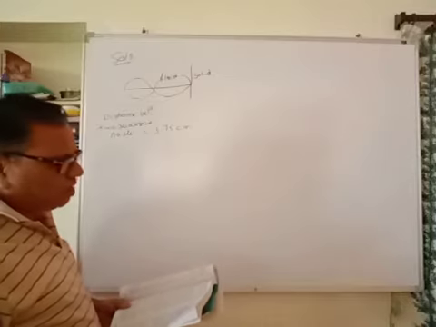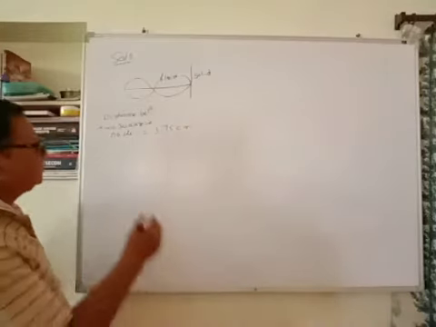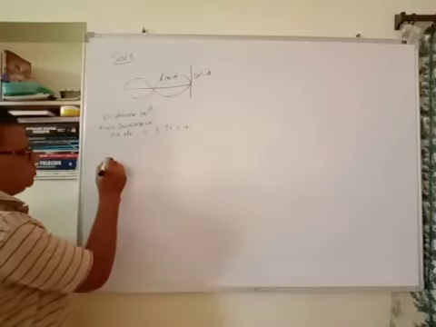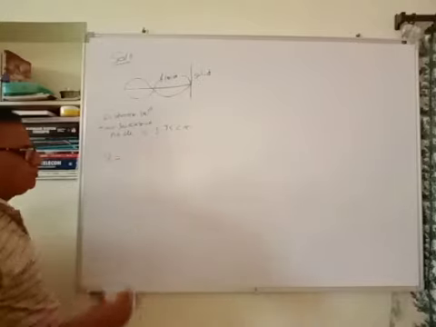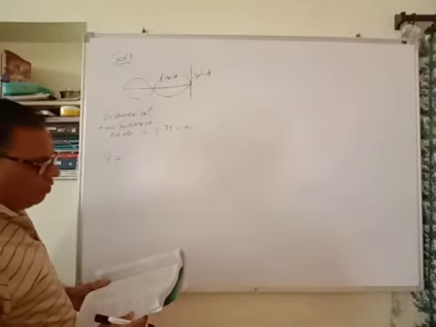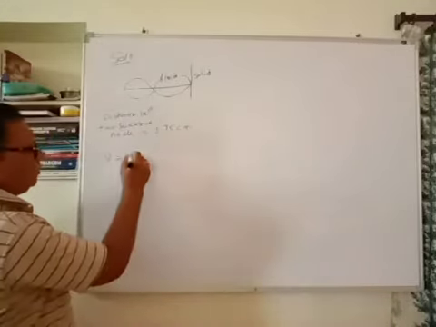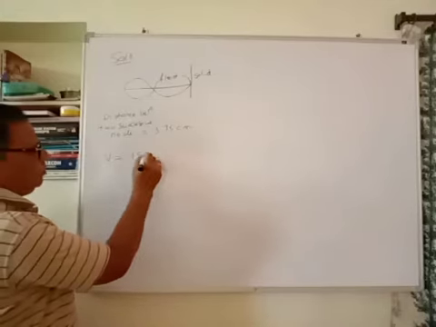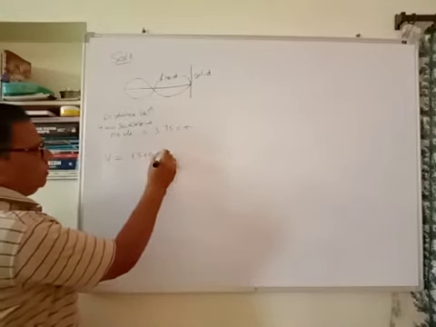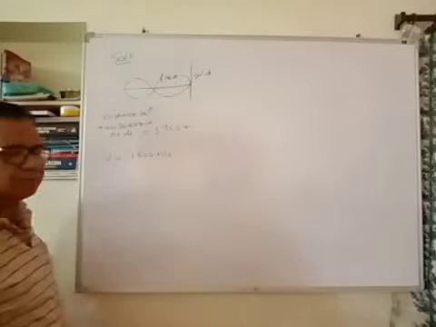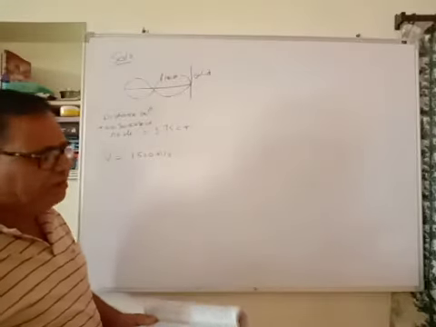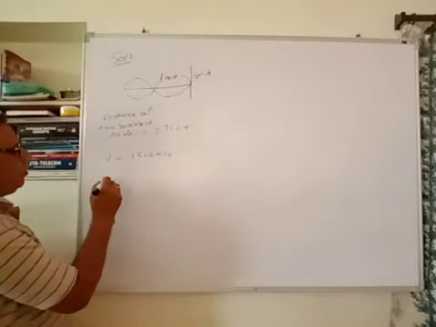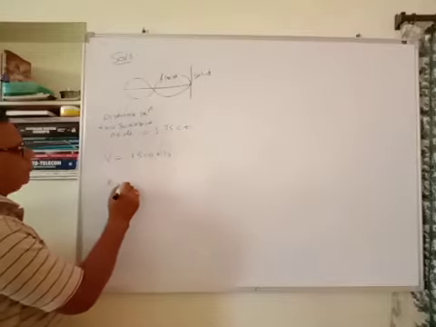If the velocity of sound, V, in that fluid is 1500 meter per second, find the frequency of the wave. You have to determine the frequency of the wave.